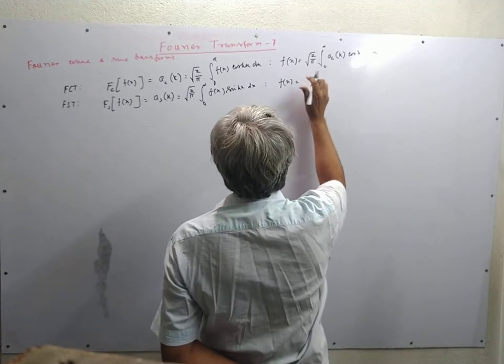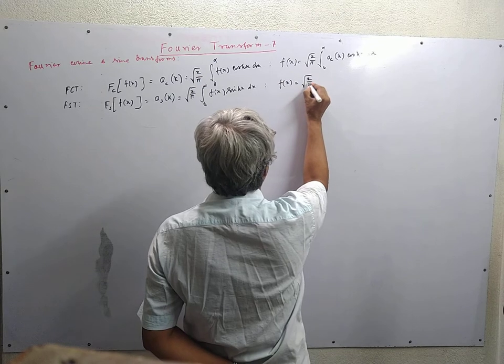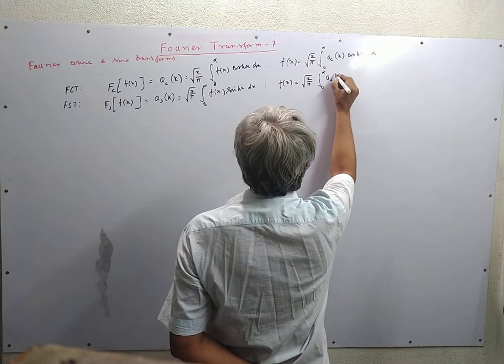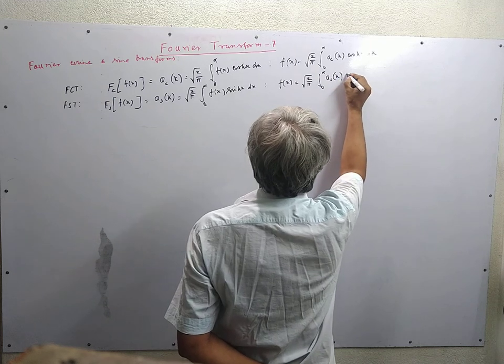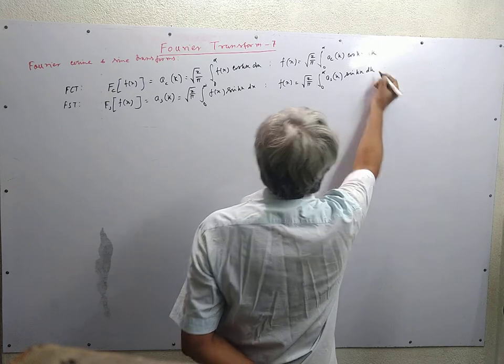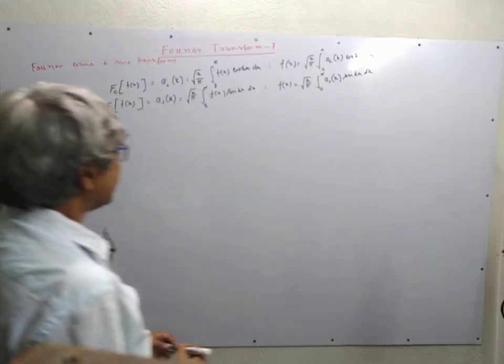This is square root of 2 upon pi. This is the Fourier sine transform and cosine transform.